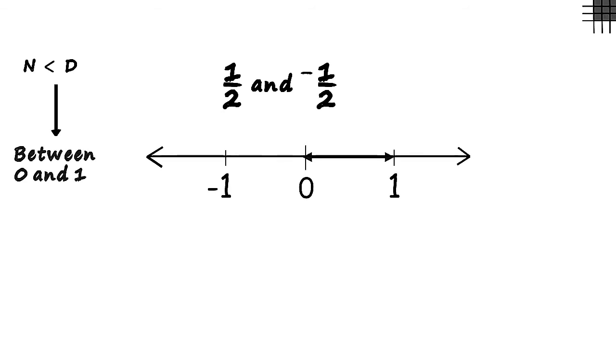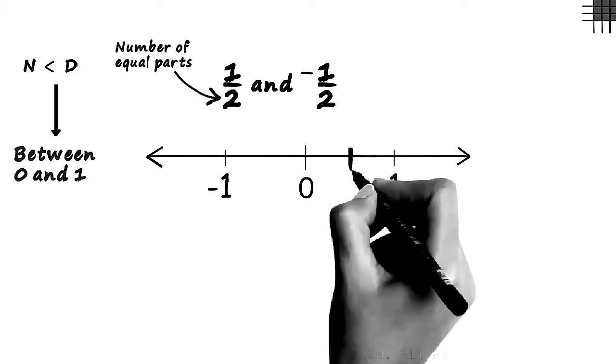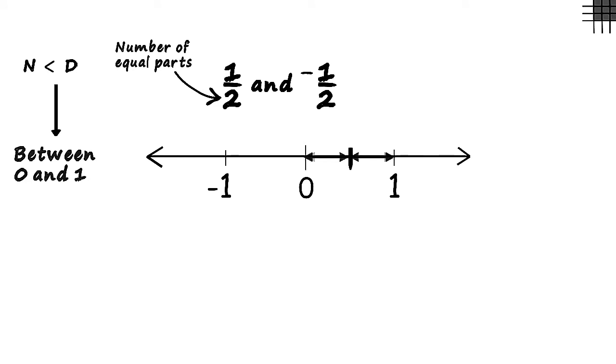Now we divide the length between 0 and 1 into two equal parts. The denominator tells us the number of equal parts. The denominator is 2. So, 2 equal parts. What does the numerator tell us? It tells us the number of parts starting from 0.